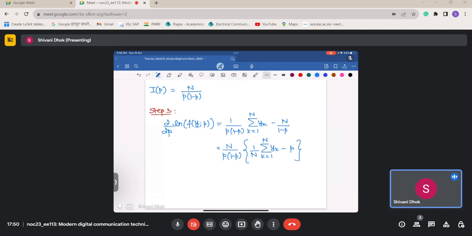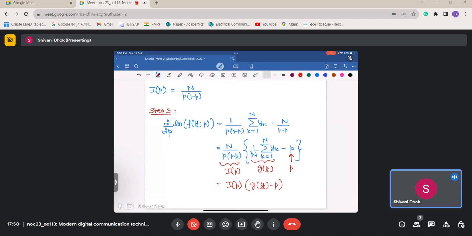So now what do we have here? This is my IP. Let's say this is my g of y and this is p. So we are able to write this as IP multiplied by (g of y minus p).